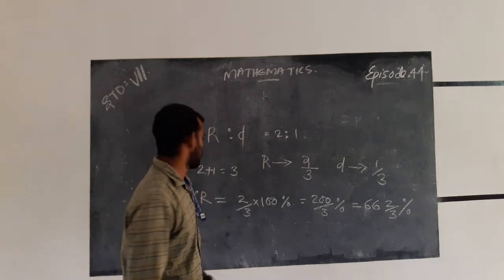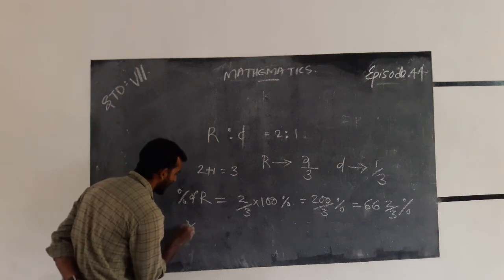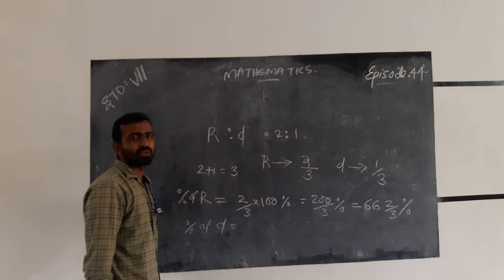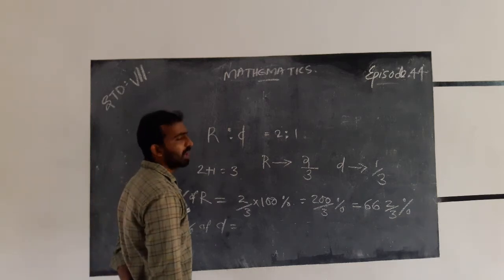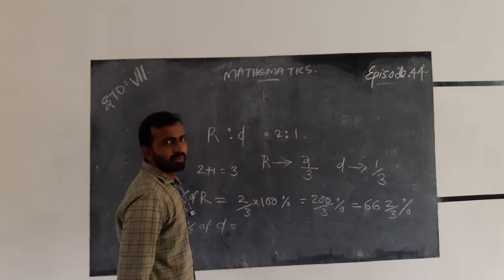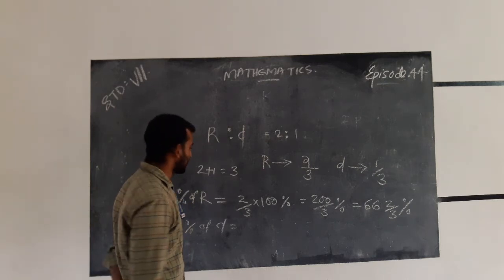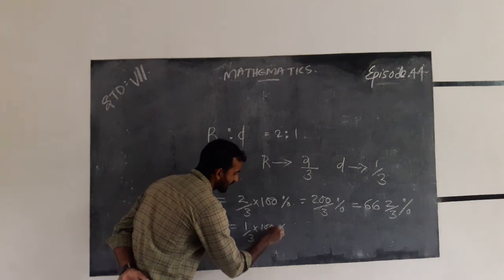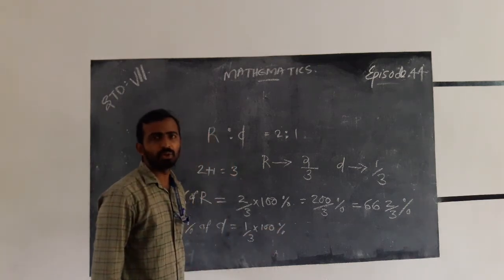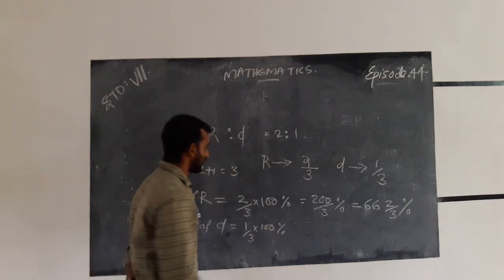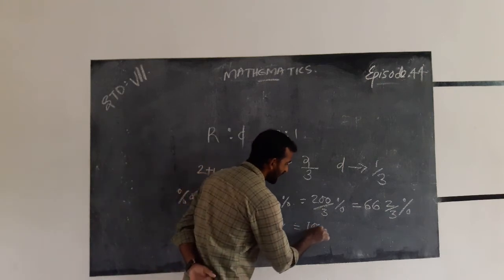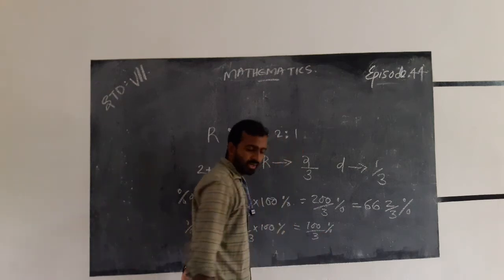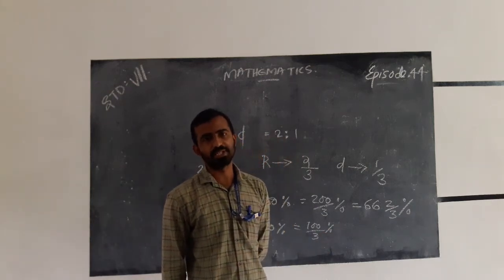That is, percentage of dal is equal to the part, 1 by 3 into 100%, which is 100 by 3%.